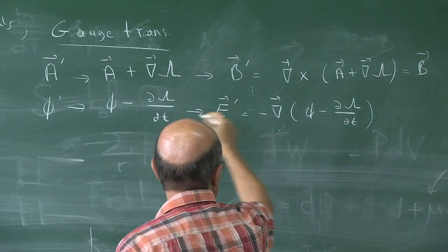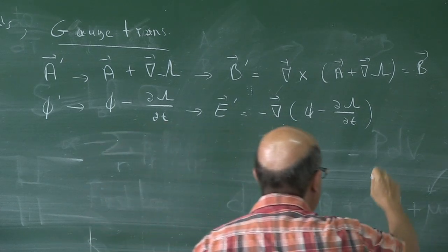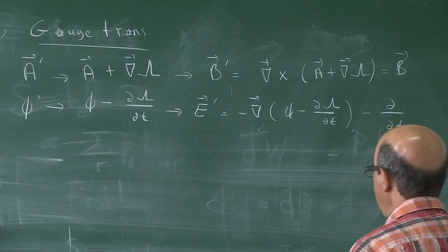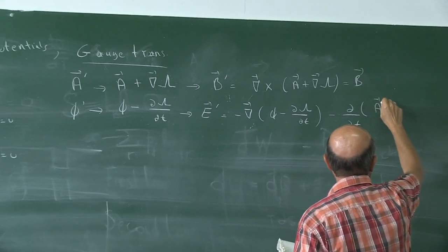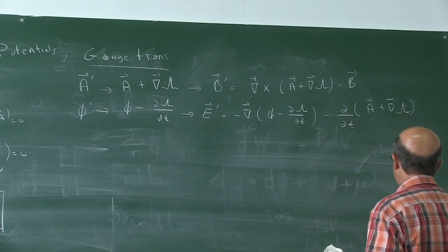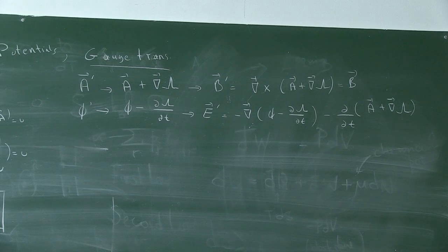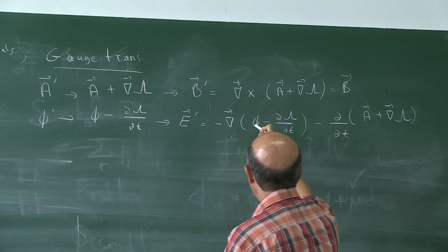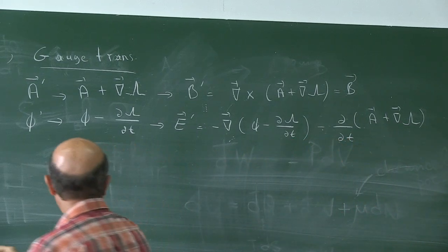And what I need is minus del over del t of A prime. Where is my A prime? A prime is equal to A plus the gradient of some scalar function. So if you look at here, minus gradient of phi minus del A over del t is our E field.